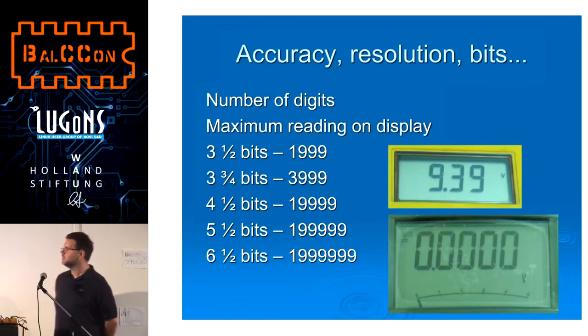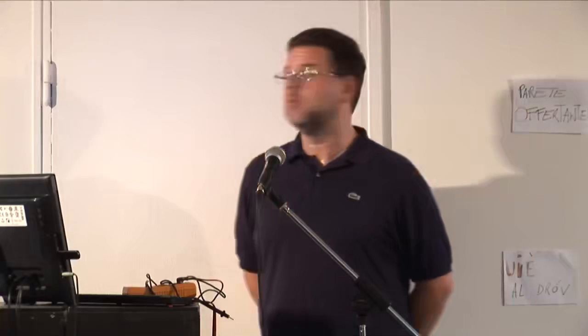This multimeter we are showing now, the yellow one, has 3.5 digits. What's that? That means that it can show 3 whole digits, and the first digit can only be 0 or 1. We call that 3.5 digits.